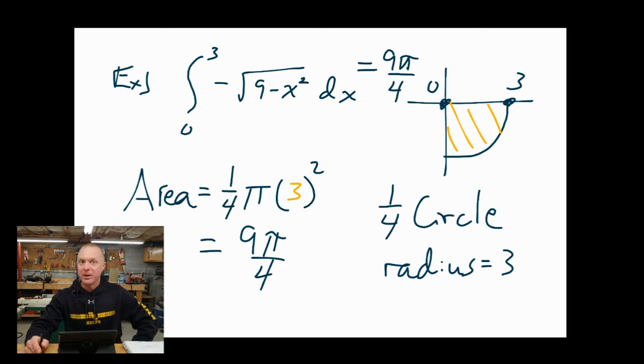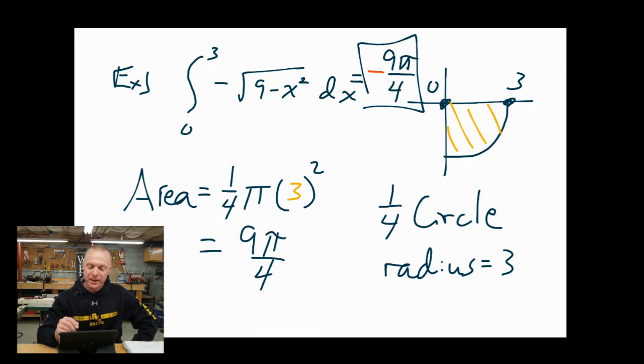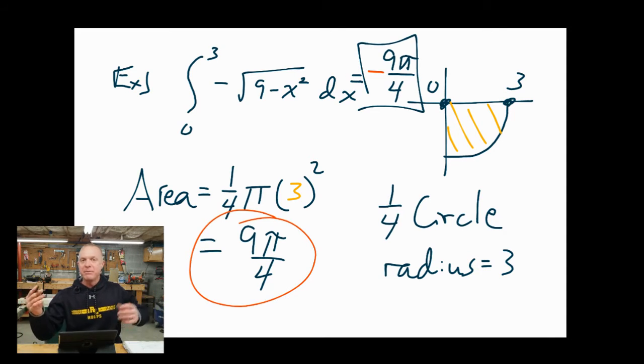Remember what we learned on our last lesson, that if you're under the x-axis, it's negative area. So yeah, we need to throw a negative sign in front of this 9 pi over 4. Okay, and this is an example that when we found our answer using geometry, nothing really negative came out of it. We just need to know. We have to see that area is under the x-axis. All right, so negative 9 pi over 4.